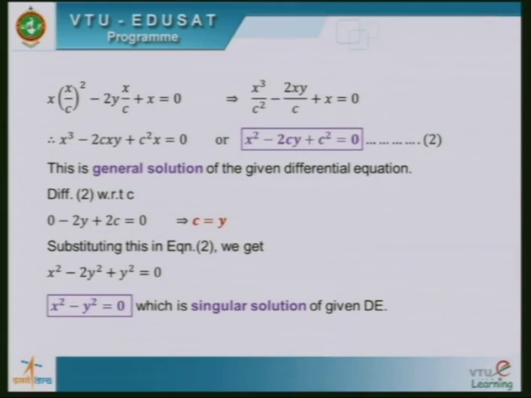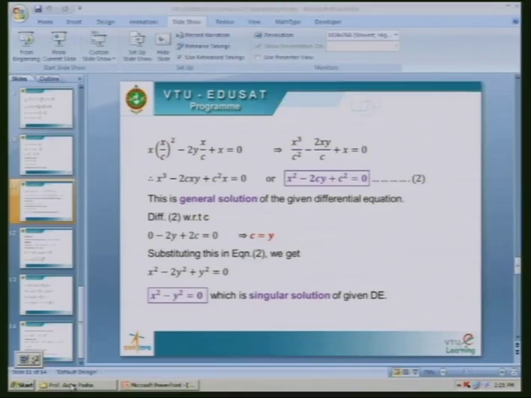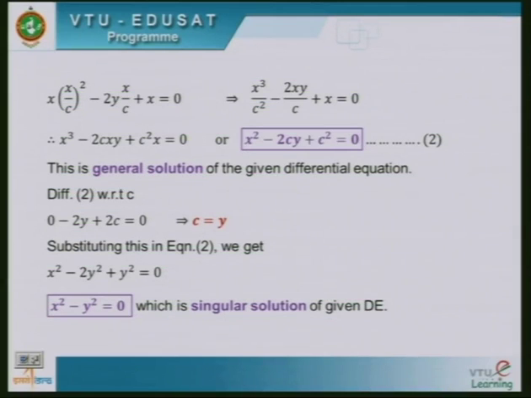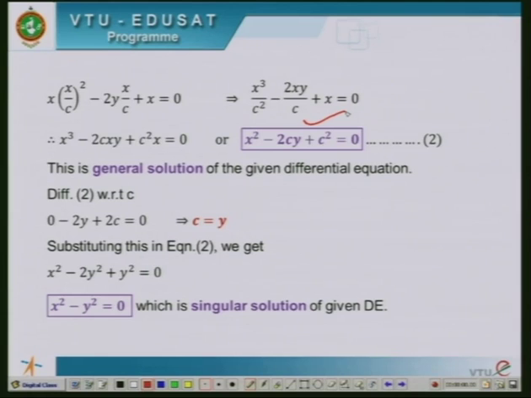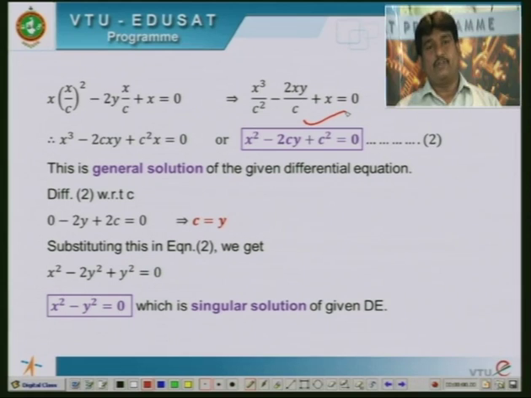Yes, you can see the singular solution is x square minus y square equals to 0, which we have obtained by differentiating the general solution, x square minus 2cy plus c square equals to 0, with respect to the arbitrary constant c, treating x and y as constants.